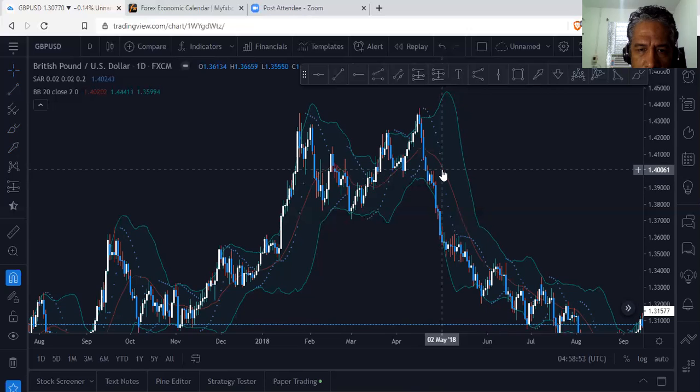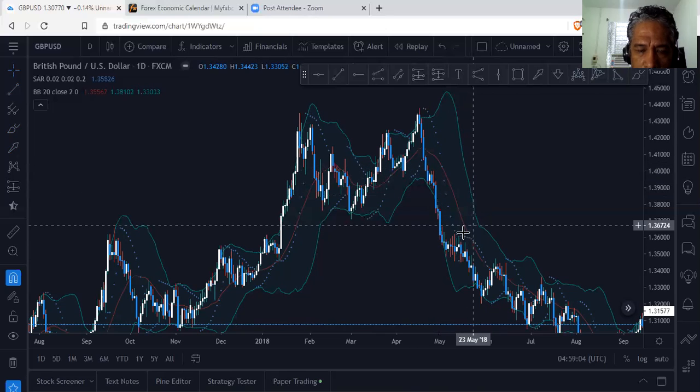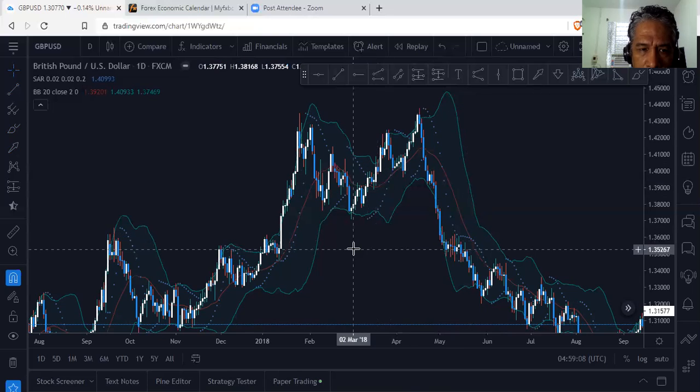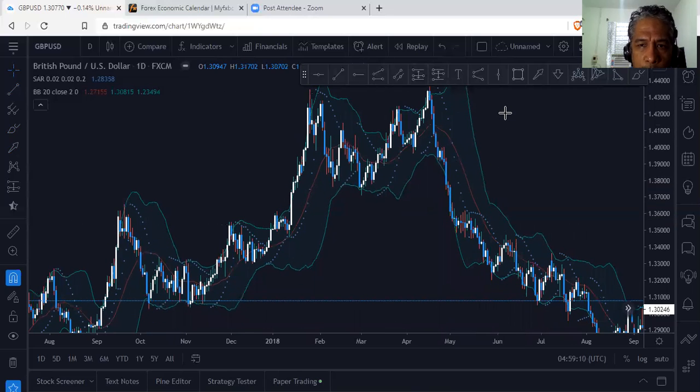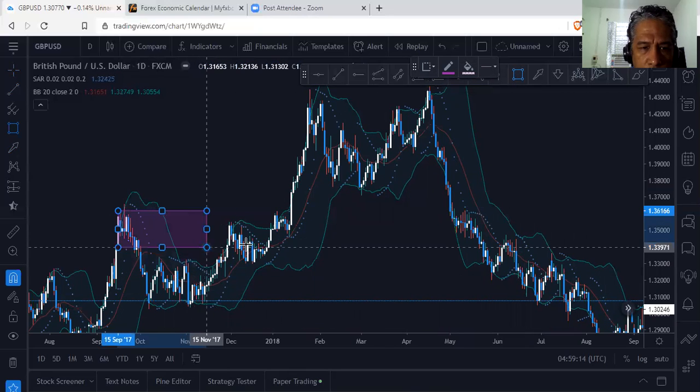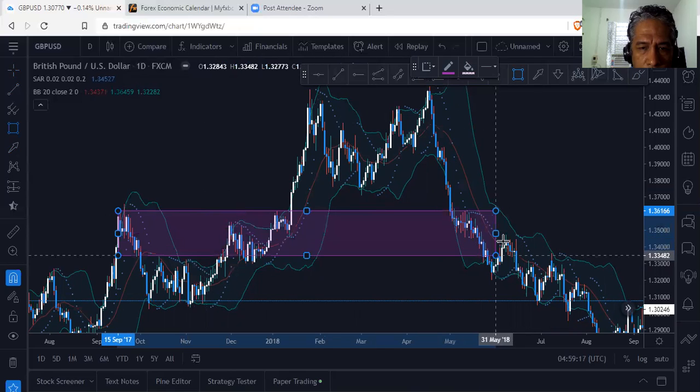Actually, it's a very slow, implied pullback only, because this previous candle was not violated. So we cannot really see this as a pullback, but the pullback happens right here at the breakout point. From here, this is the breakout point.